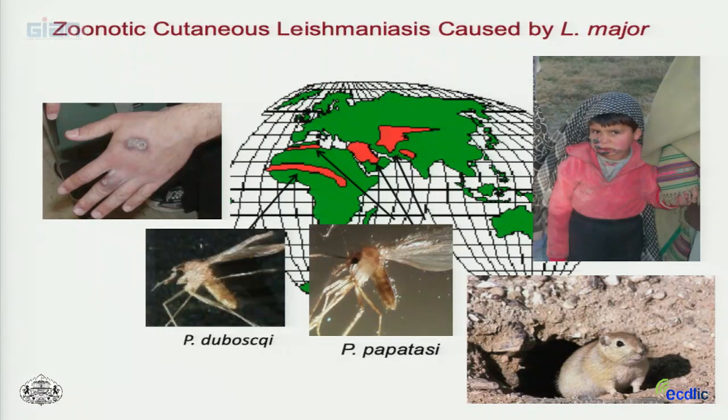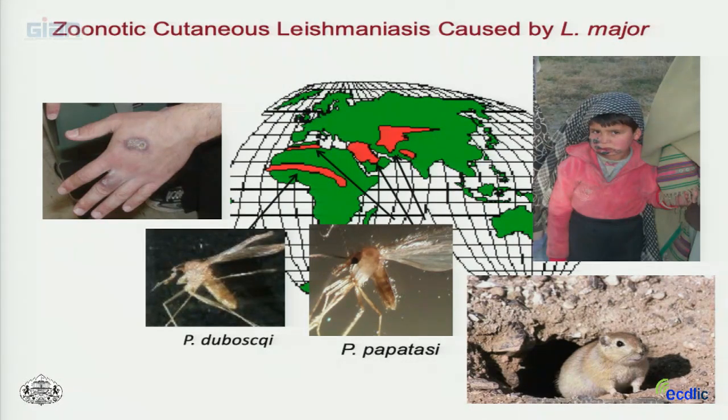And remember, we were talking about the interesting parasite-vector interactions which produce these species-restricted vector capacities. Papatasi and duboscqi will only transmit Leishmania major parasites.